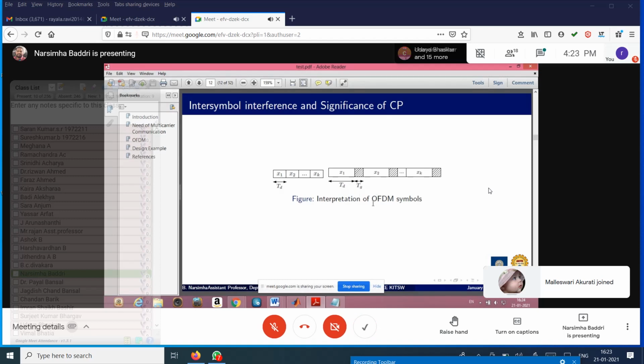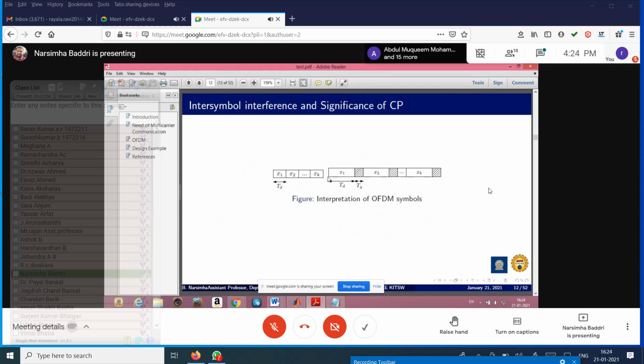Instead of inserting a guard band, if we insert the same data, suppose the symbol X1 is there and we arrange the last few samples at the starting of the symbol, that is the cyclic prefix.